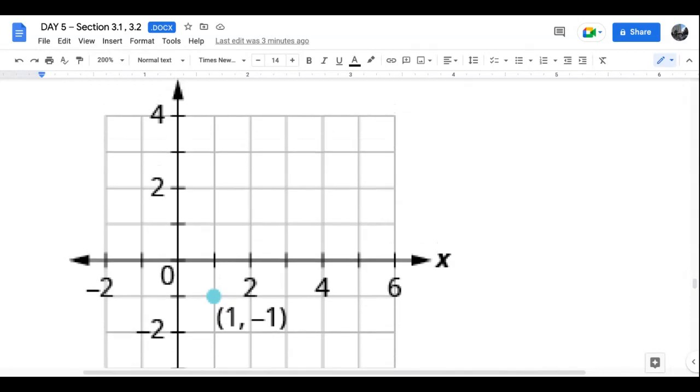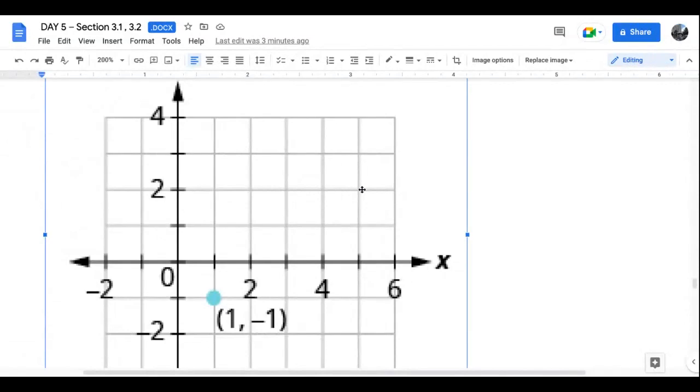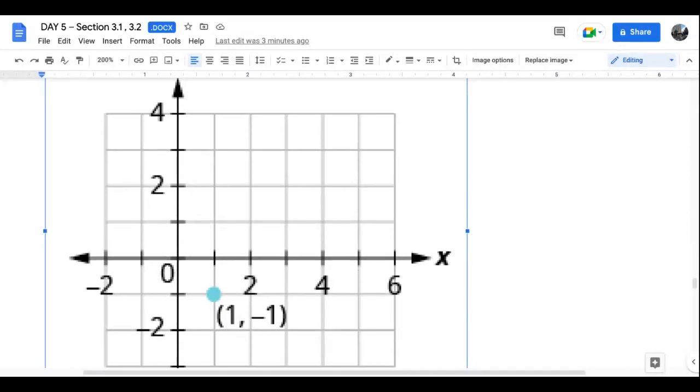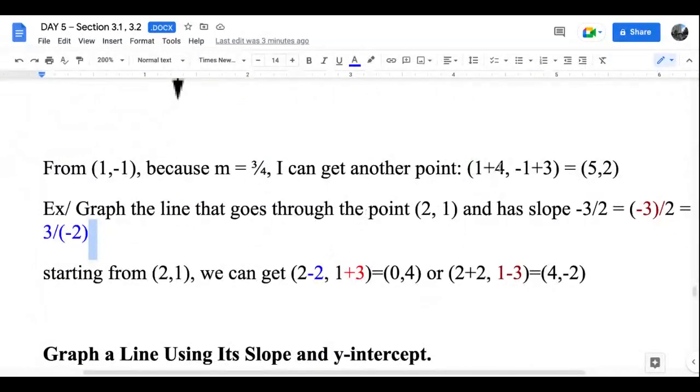Then we run to the right 4 units: 1, 2, 3, 4. That means I could have a point here. So 1 plus 4, right?